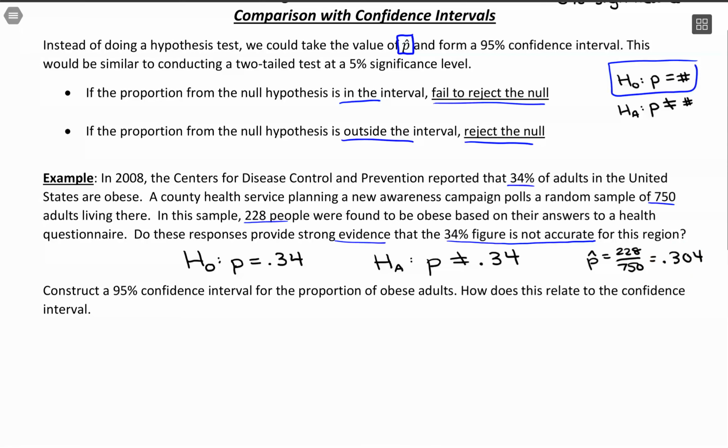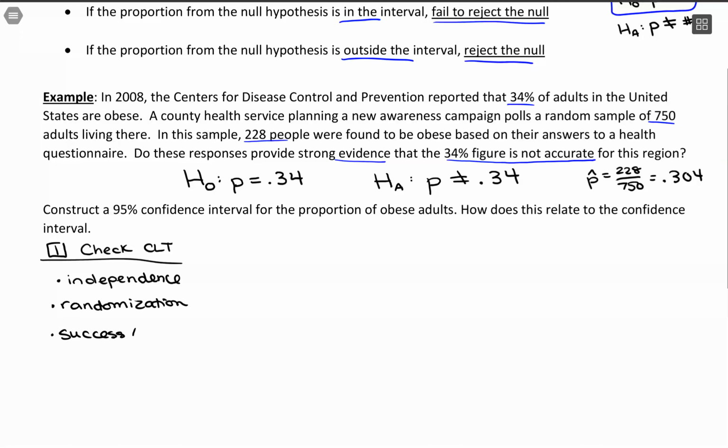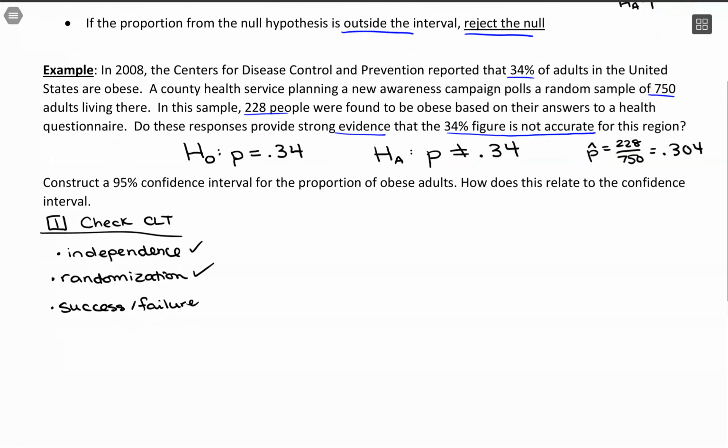So we're going to build a 95% confidence interval around our sample statistic. As a review of confidence intervals, the first thing we need to do is check the central limit theorem. We check for independence, randomization, and success-failure. Independence, randomization, sure.